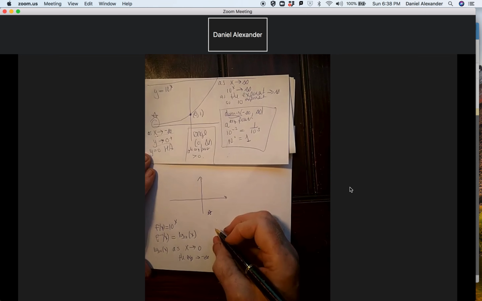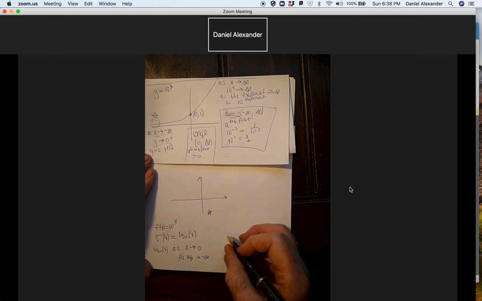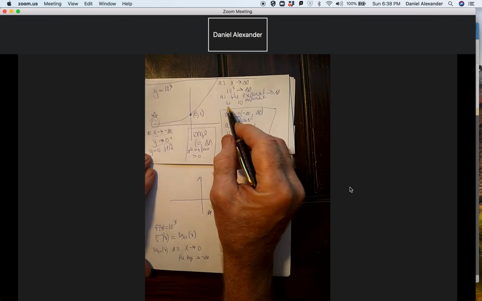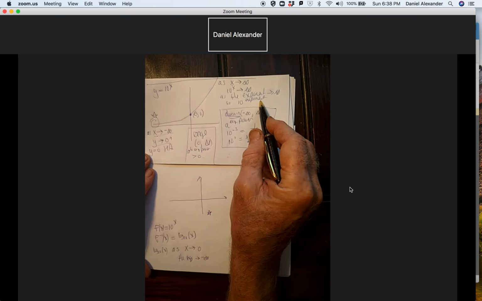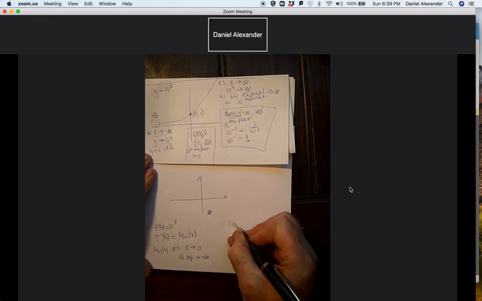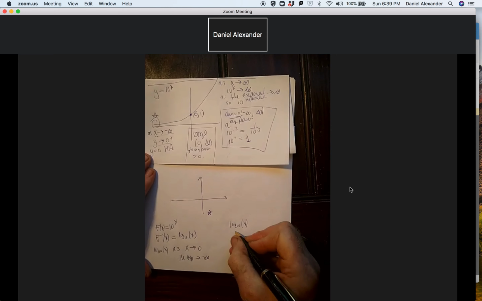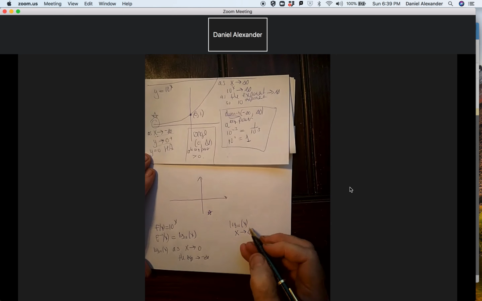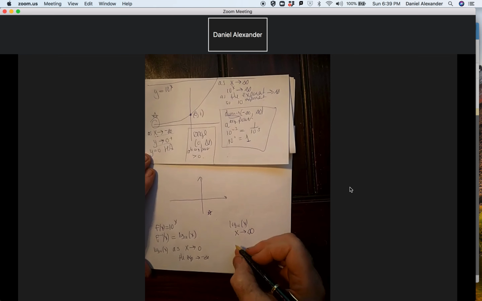And then notice here we said as the exponent goes to infinity, so does 10 to the exponent. So over here, for the log base 10 of x, we're going to say x goes to infinity. Remember, x is the answer.